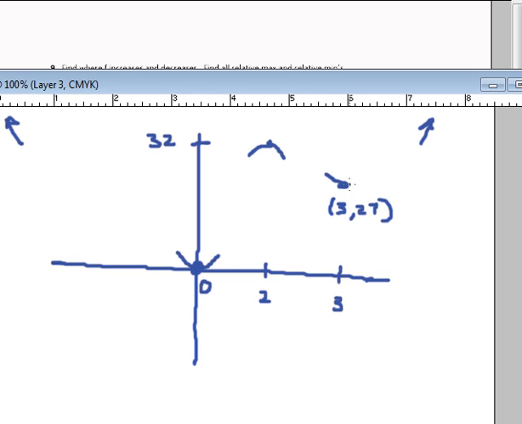Then we had an inflection point at approximately 2.5, 29.7, approximately over here. And another inflection point over here, 0.8 and 1.23, so down here somewhere.